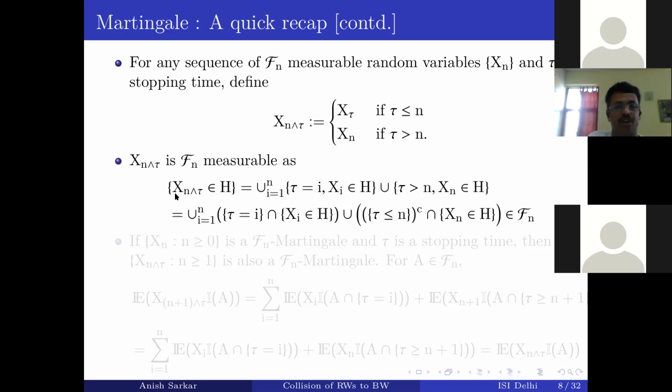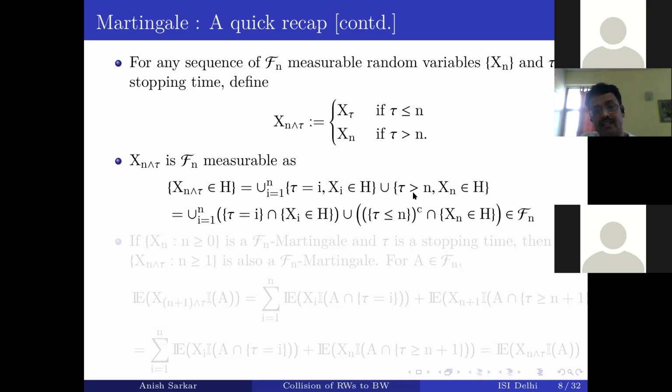So I will not spend time on this. It is written here how to prove this: xn minimum tau is Fn-measurable. You just write down in terms of all possible values of tau what it can take up to n, and tau bigger than n. The first case is trivial.